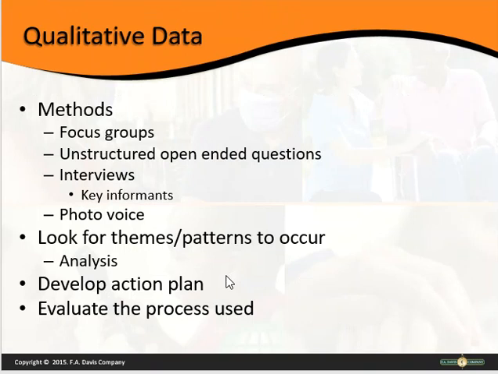Okay, so unstructured open-ended questions, interviews, key informants. For example, you can go to a specific person in charge of an organization and say, hey, this is the purpose of my project. I'm trying to get this data.